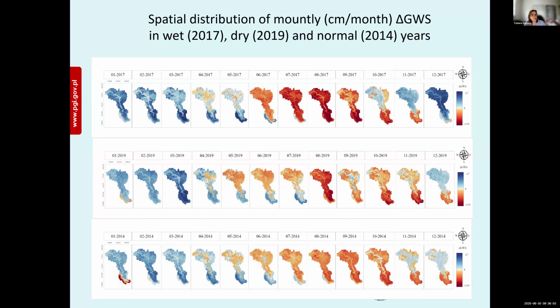The amplitude of groundwater storage fluctuations shows a tendency related to the hydrodynamic regime. Drainage zones, river valleys, exhibit amplitudes of groundwater storage that are about 1.5 times lower than those in recharge zones.